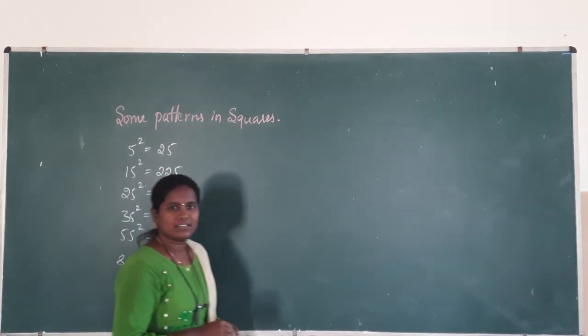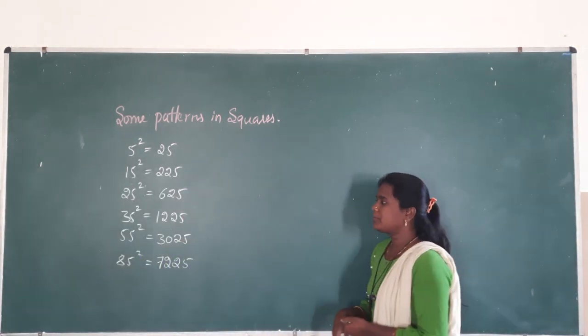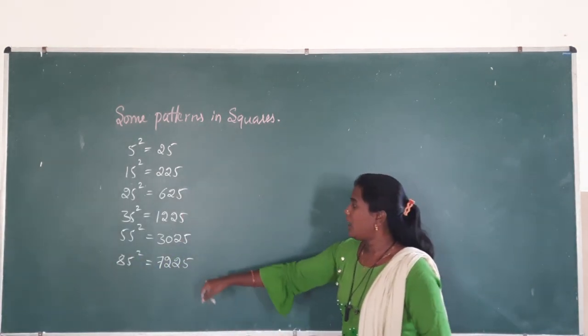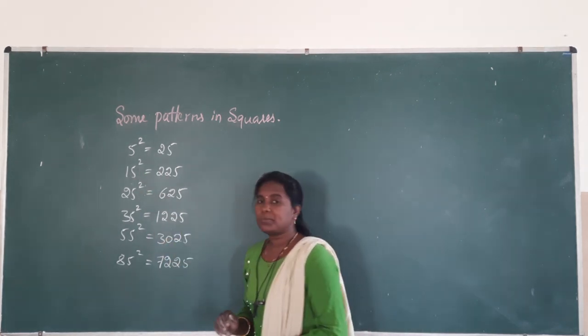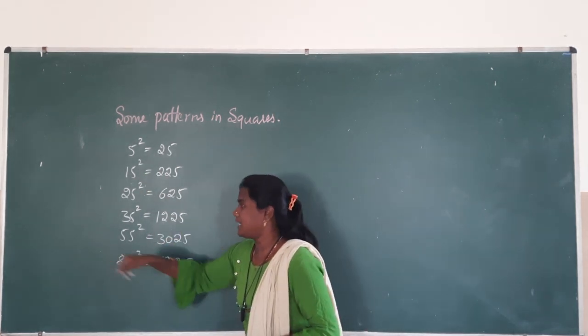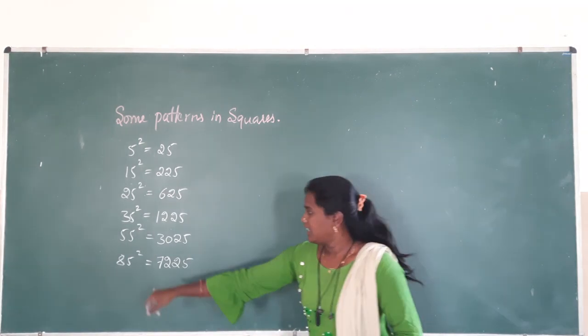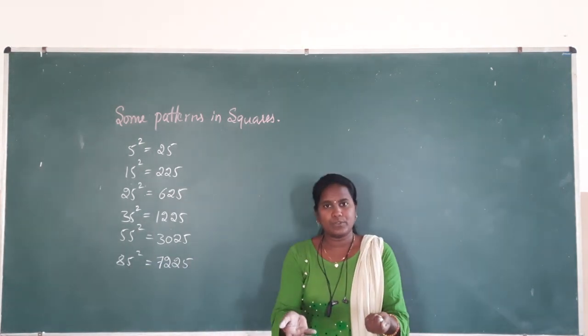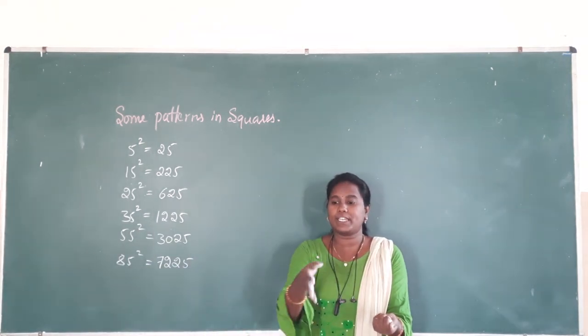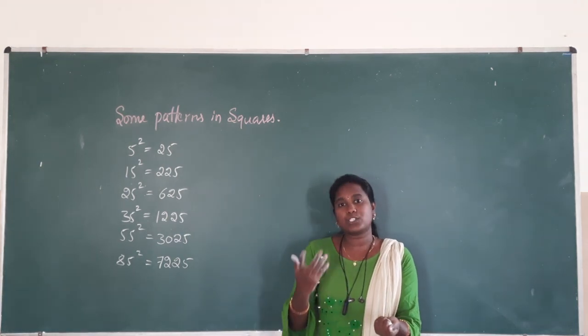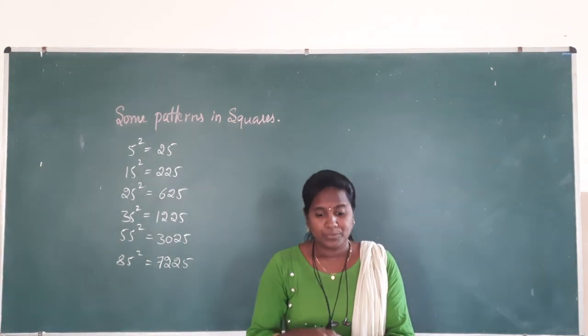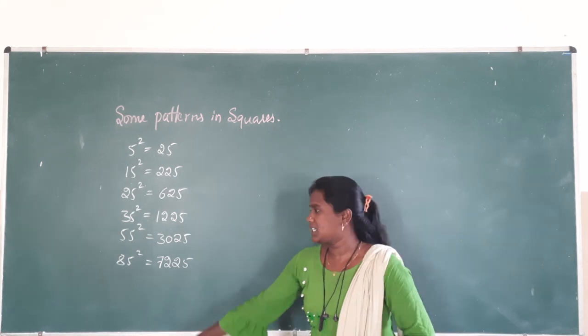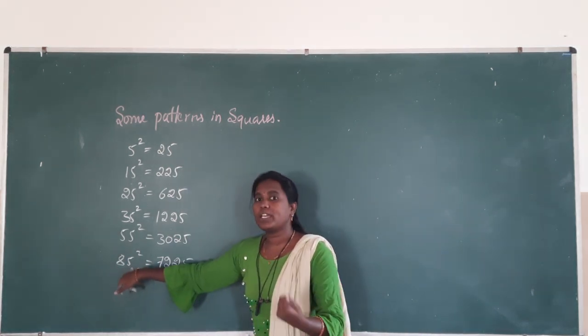How to get the answer? If you are taking any other number also, that is easy. How to find the square of a number ending with 5? See, 85 square, we didn't know. 85 into 85 is an actual multiplication. But without actual multiplication, we can get the square of a number.